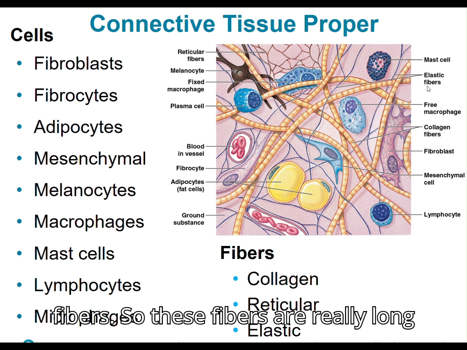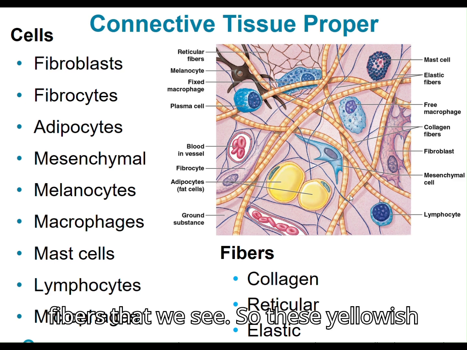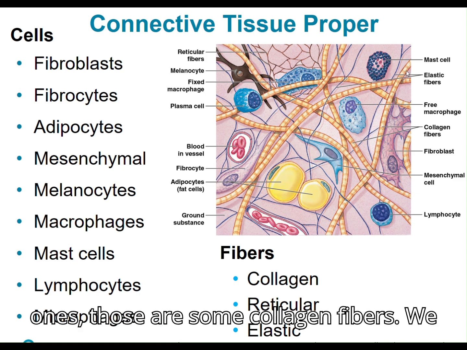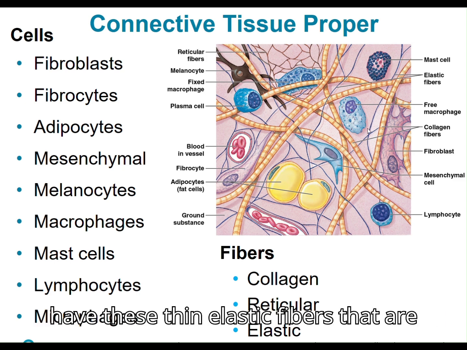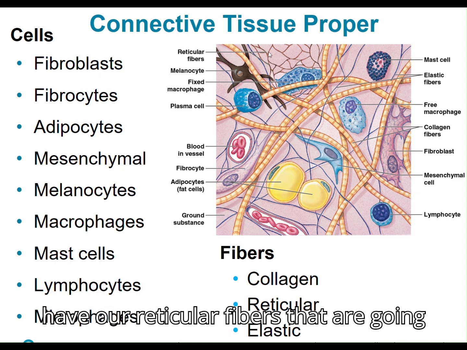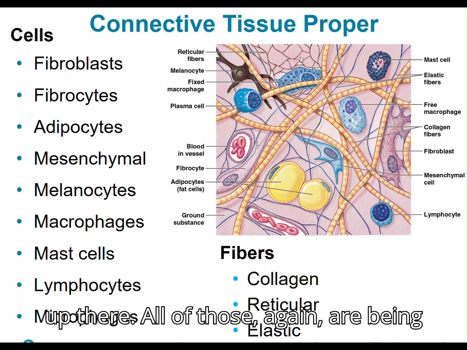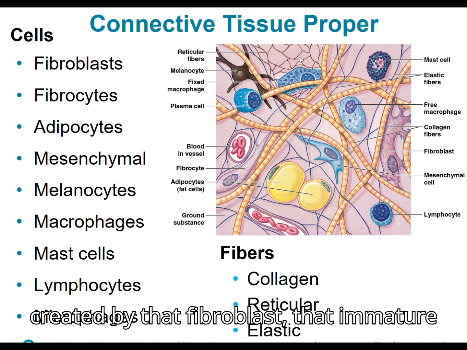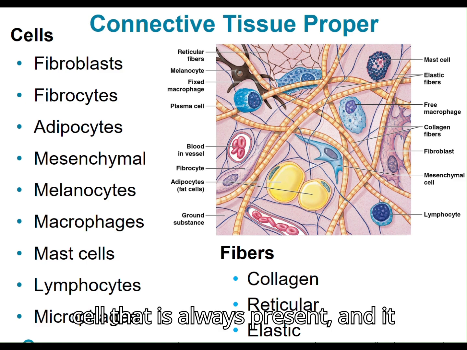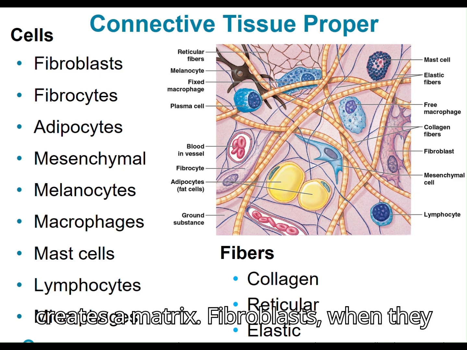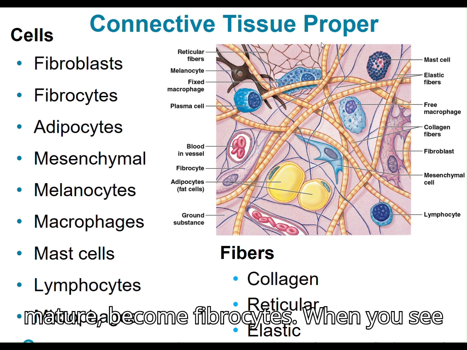So these fibers are really long fibers that we see. These yellowish ones, those are some collagen fibers. We have these thin elastic fibers that are running through there. And then we also have our reticular fibers that are going to be up there. All of those, again, are being created by that fibroblast, that immature cell that is always present, and it creates the matrix.